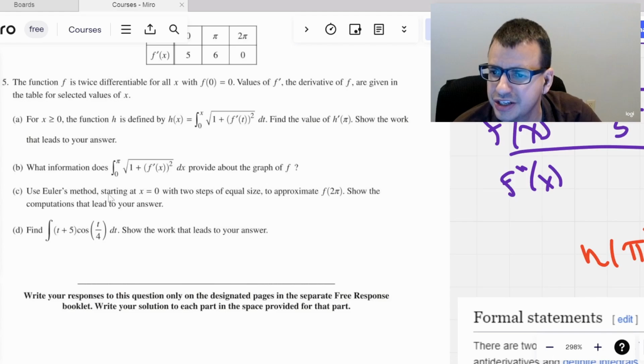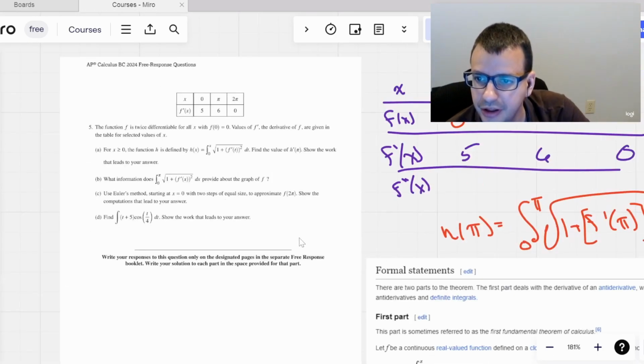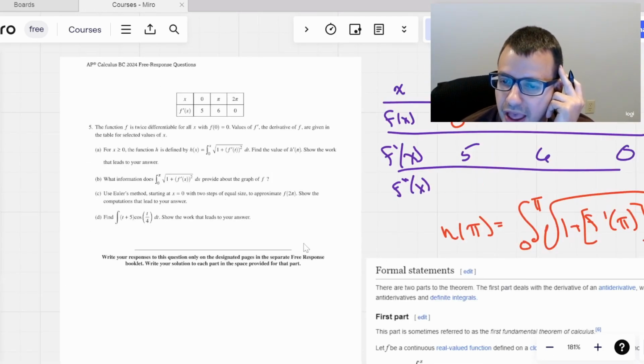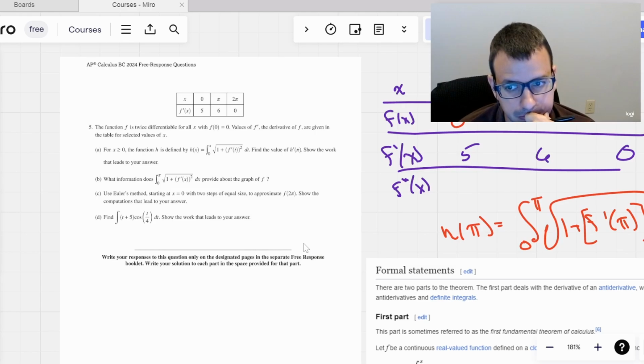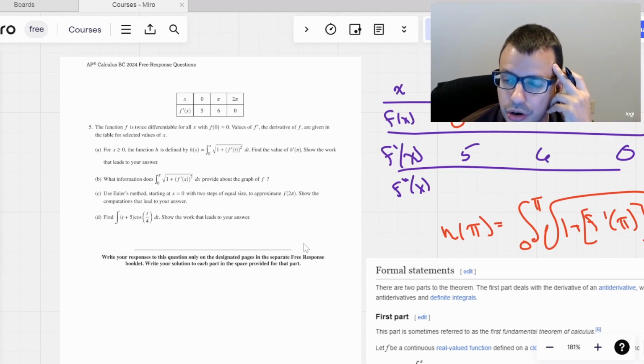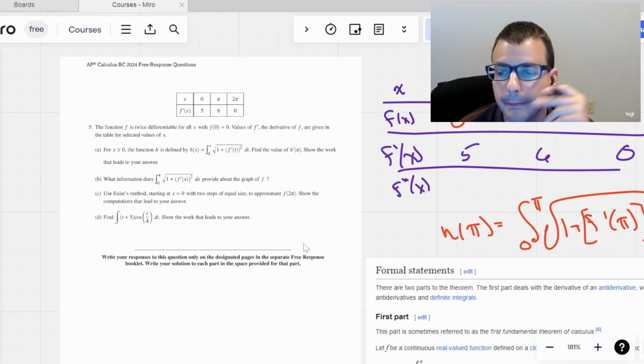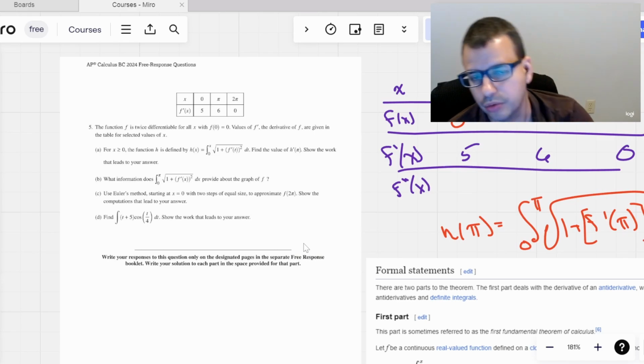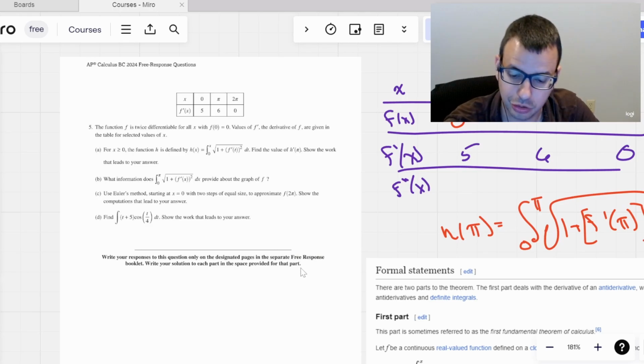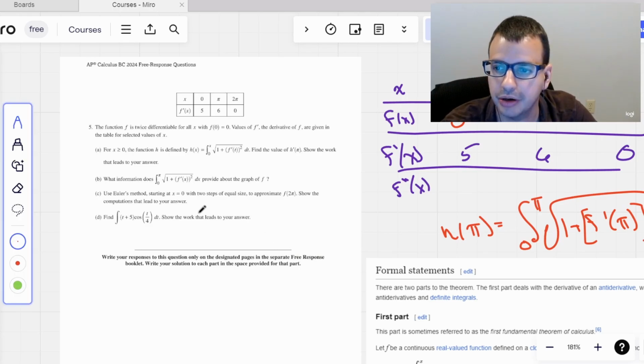What information does this provide about the graph of f? Oh, they're talking about arc length. And that's why I was like, oh, it looked like an arc length. That's what they're talking about.